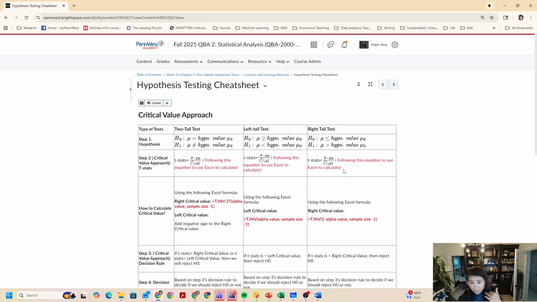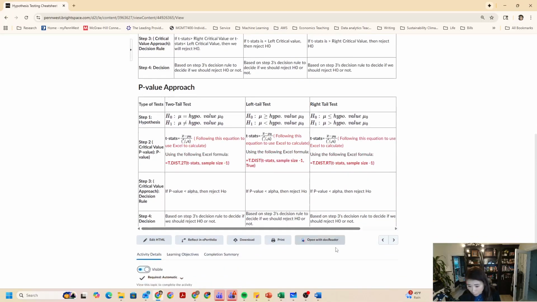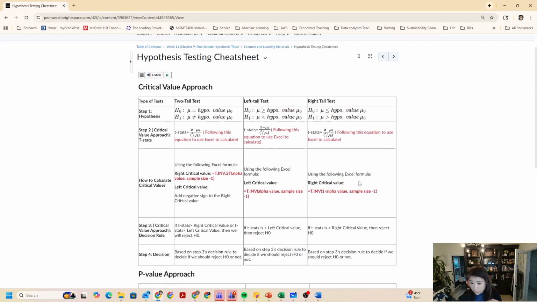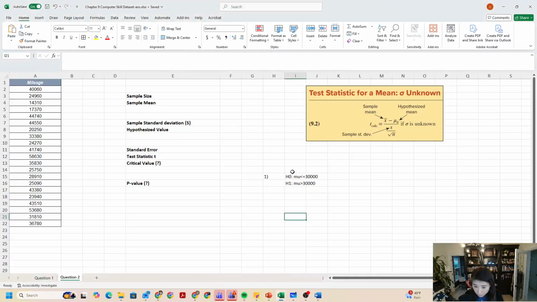Therefore, all the steps you're going to work on follow my third column here. You can use the critical value approach or the p-value approach, depending on the question. This is a very important step: define which test you are working on, right tail, left tail, or two tails. Now we know we are working on the right tail test.